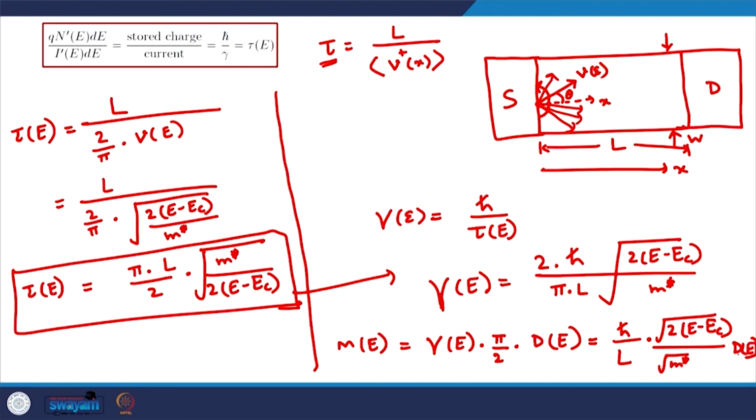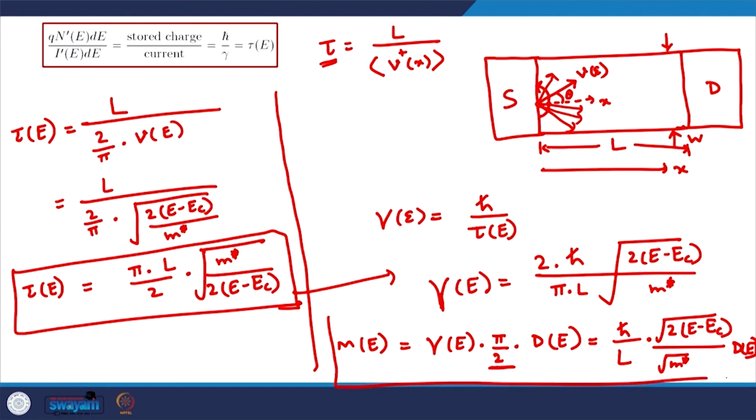Now, you might have also understood why we use this factor of pi by 2 in the expression for modes, because finally this pi by 2 gets cancelled with the 2 by pi which is there in the expression of gamma e.